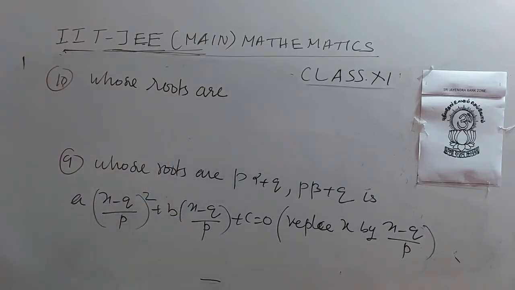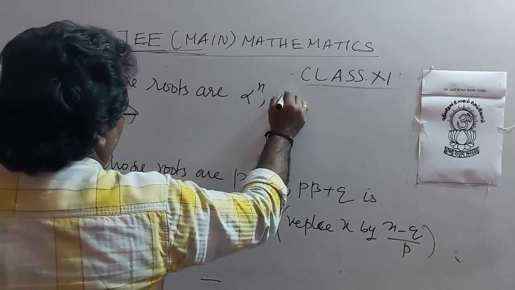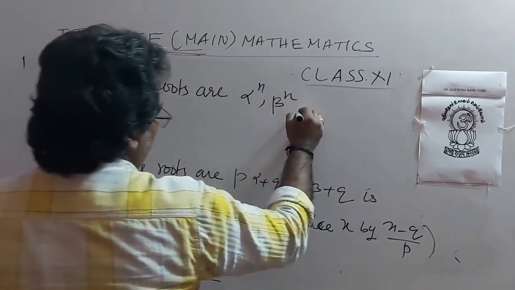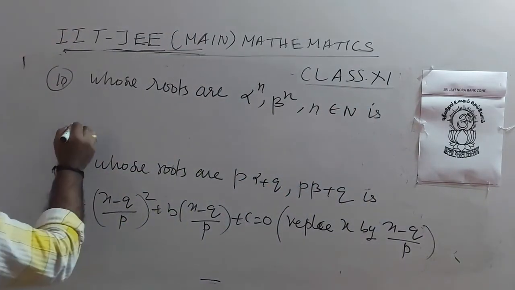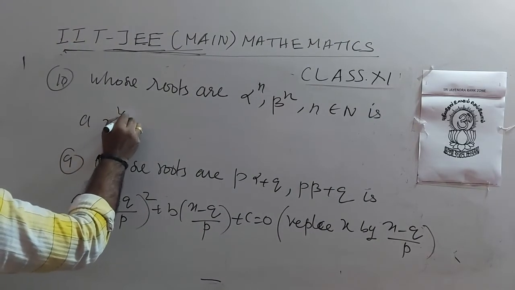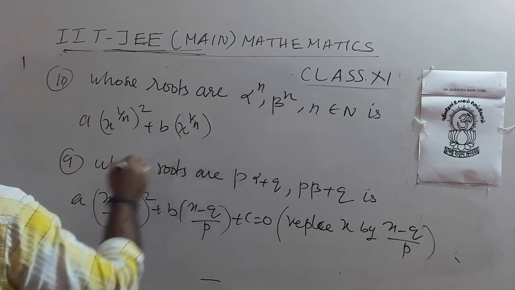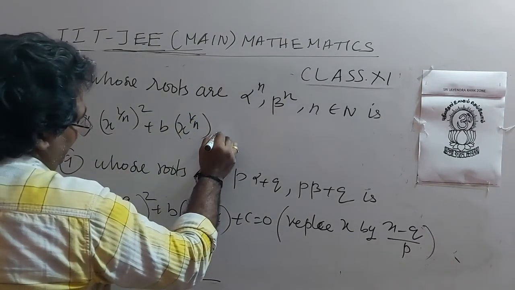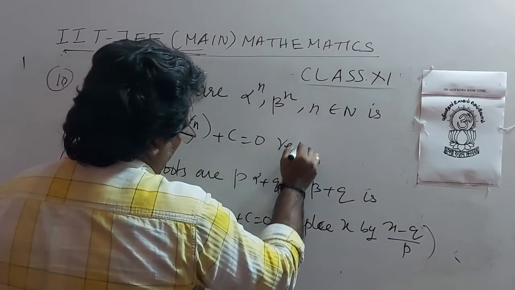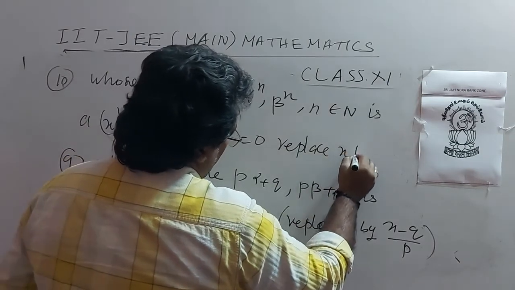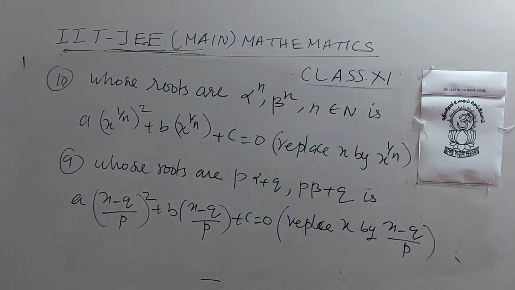Whose roots are alpha power n, beta power n, n belongs to N, is a into x power 1 by n the whole squared, plus b into x power 1 by n plus c equals 0. Replace x by x power 1 by n.